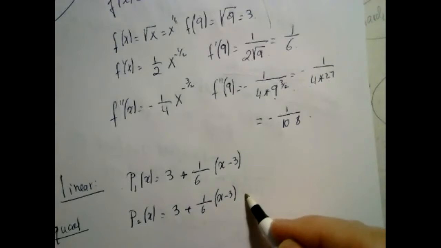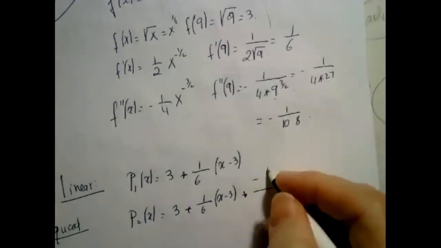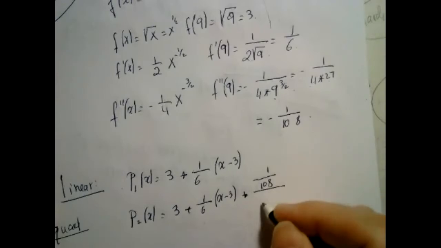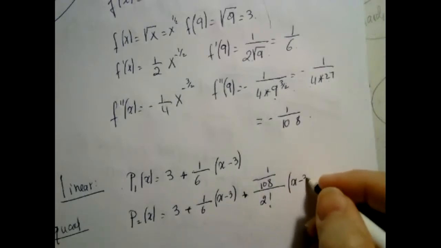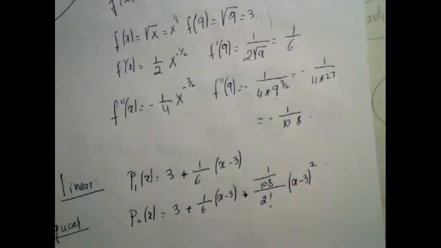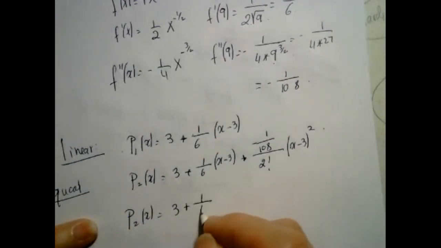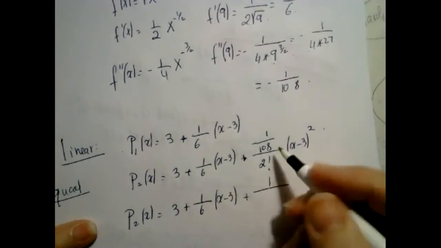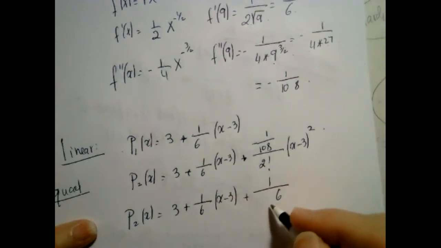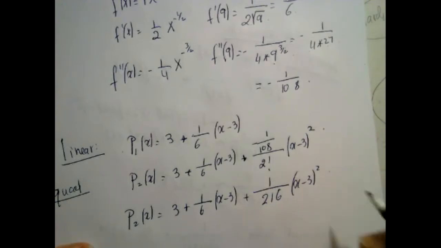And then we add the second derivative, so plus minus 1 over 108 divided by 2 factorial, times x minus 9 to the power 2. So that's the second degree polynomial. That's going to give me minus 1 over 216 times x minus 9 squared.